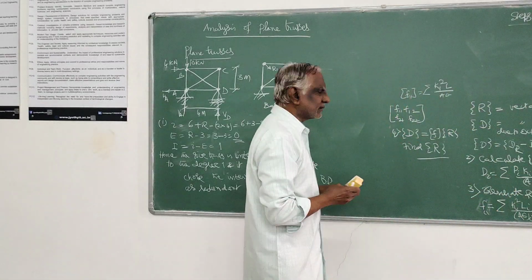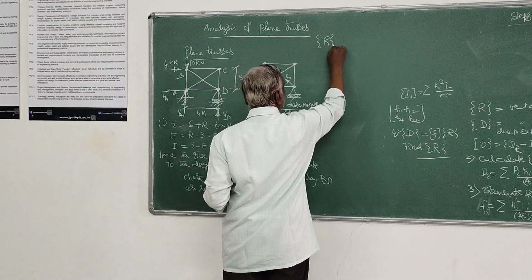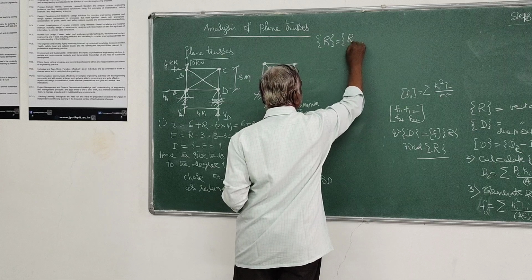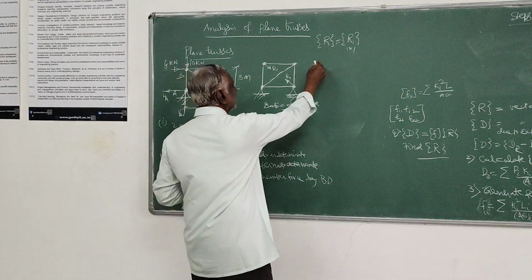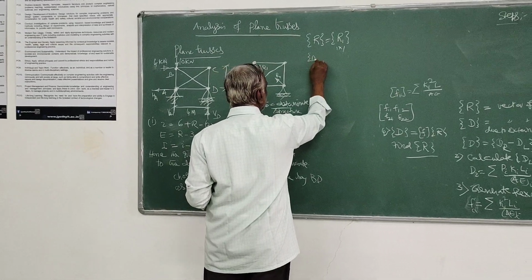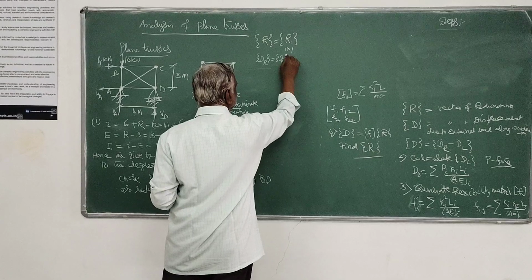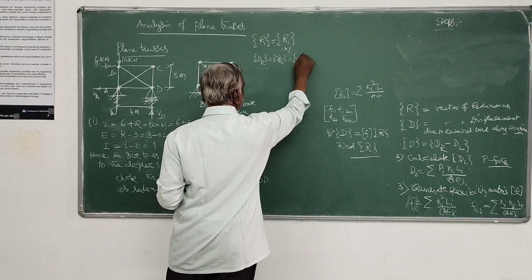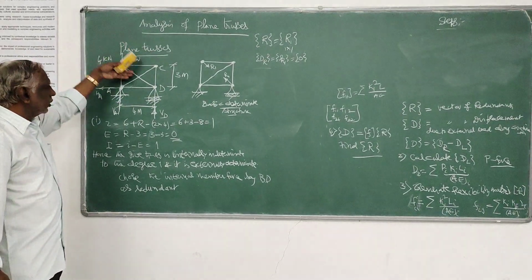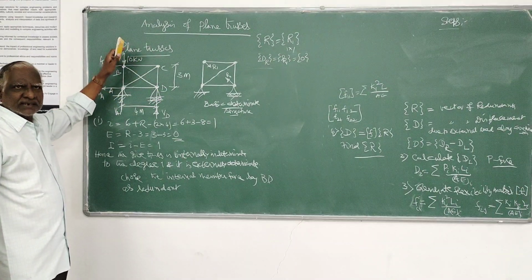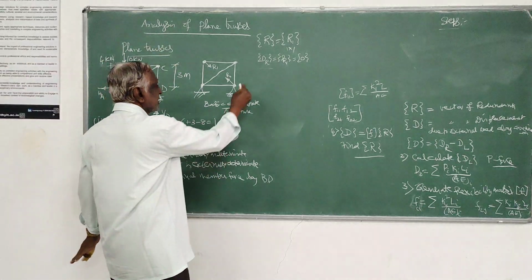First step is done, and I will create the R matrix, which is R1 itself, only 1 by 1, and D. D R will be D R1, which is 0, because no other secondary force is given, no lack of fit, no temperature change in any of the members, so that is straight away 0.